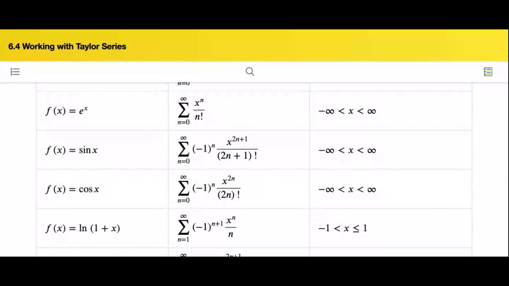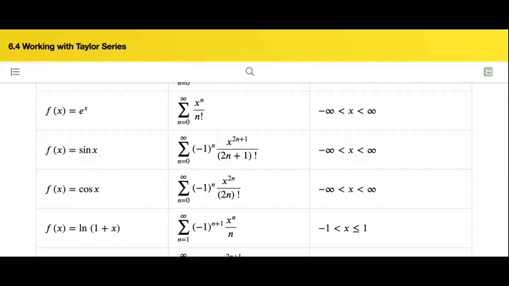Same thing for cosine x. Cosine x, we have this representation because cosine x is x raised to an even power divided by an even number factorial. To force a number to be even, just multiply by 2. So 2n, the 2 doubles n all the time.